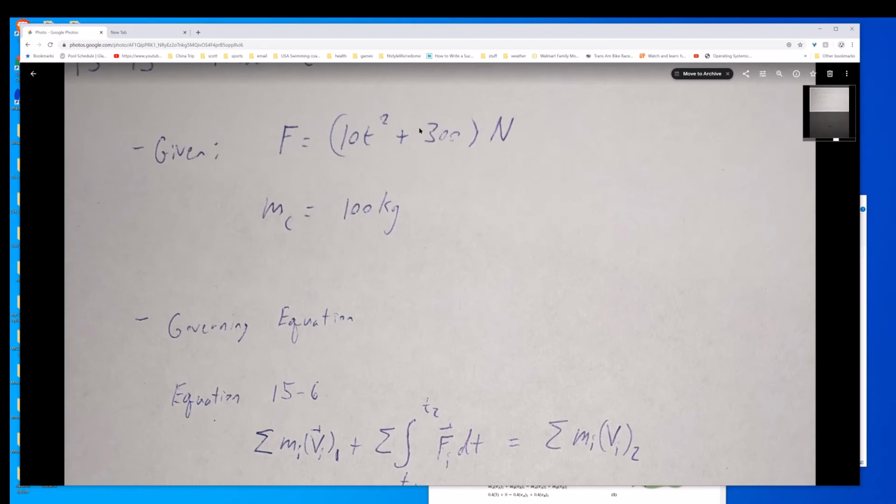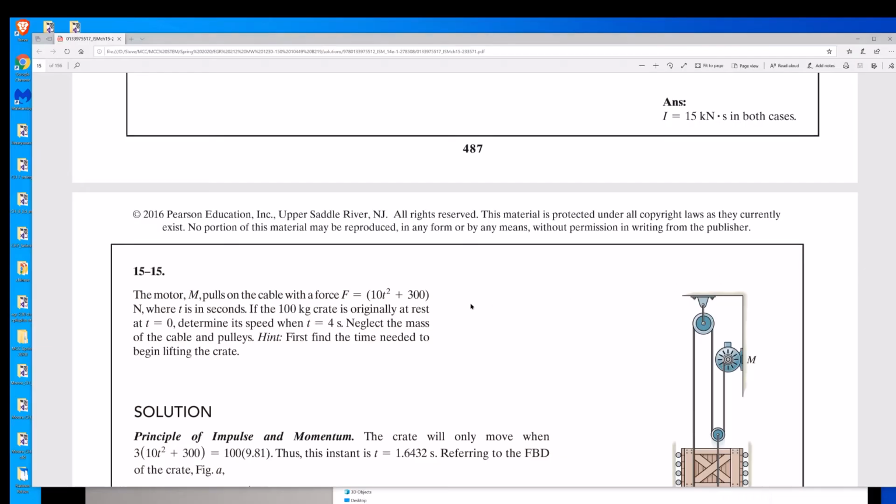So this equation times t equals mg. Solve for t to find what that time is, t1. Just continuing on, we need to find that initial time t1.